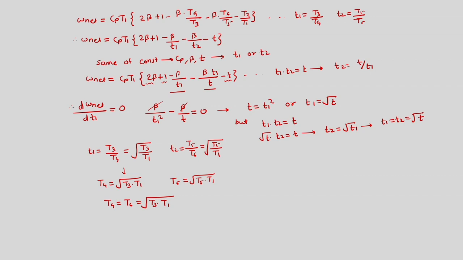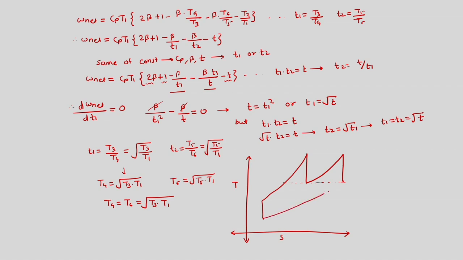So we are having a TS diagram, again special for the optimum case, and for the diagram we should have T4 equal to T6. So these two temperatures should be same. So the exit of both turbines has to be same, and practically both the turbine pressure ratios are also same.